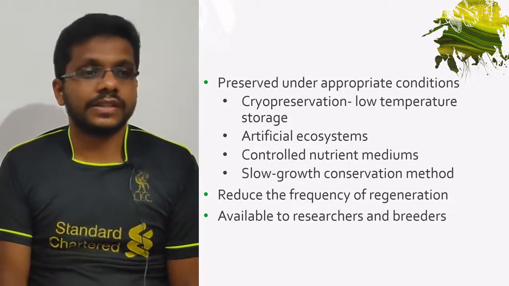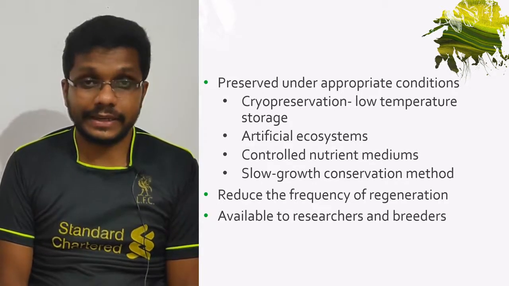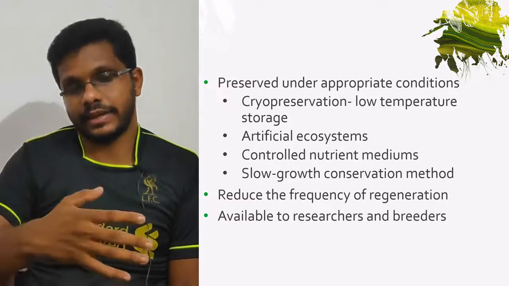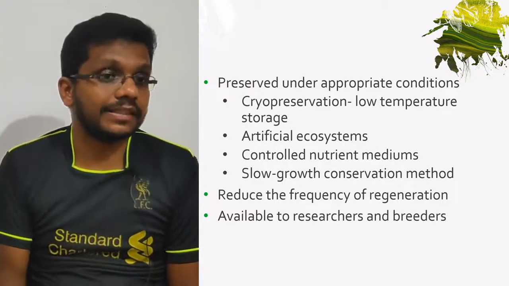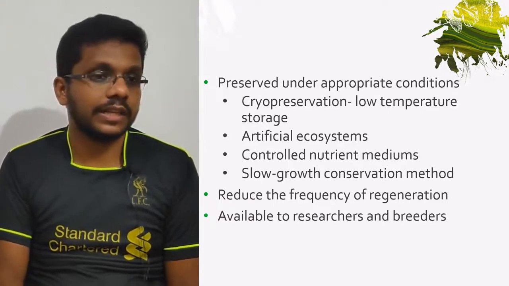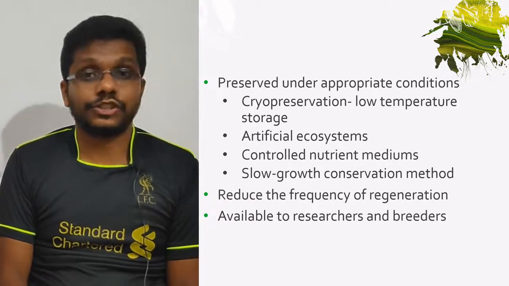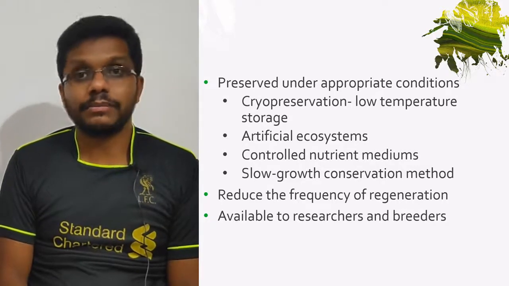In all these gene banks, we are preserving under appropriate conditions to increase viability for a long period. There are different methods we can use. One is cryopreservation, that means low temperature storage, or we can use an artificial ecosystem, which reduces the rate of growth or controls the nutrient medium.